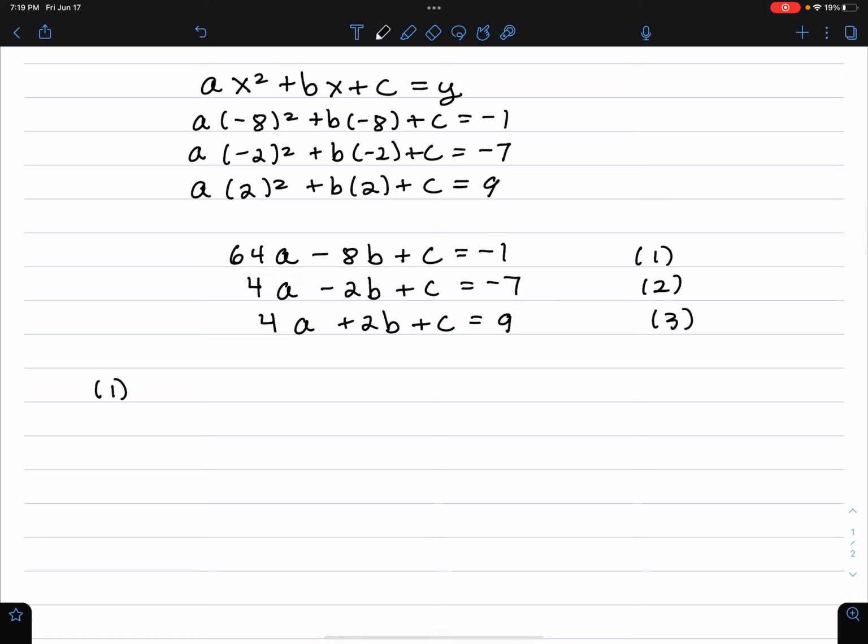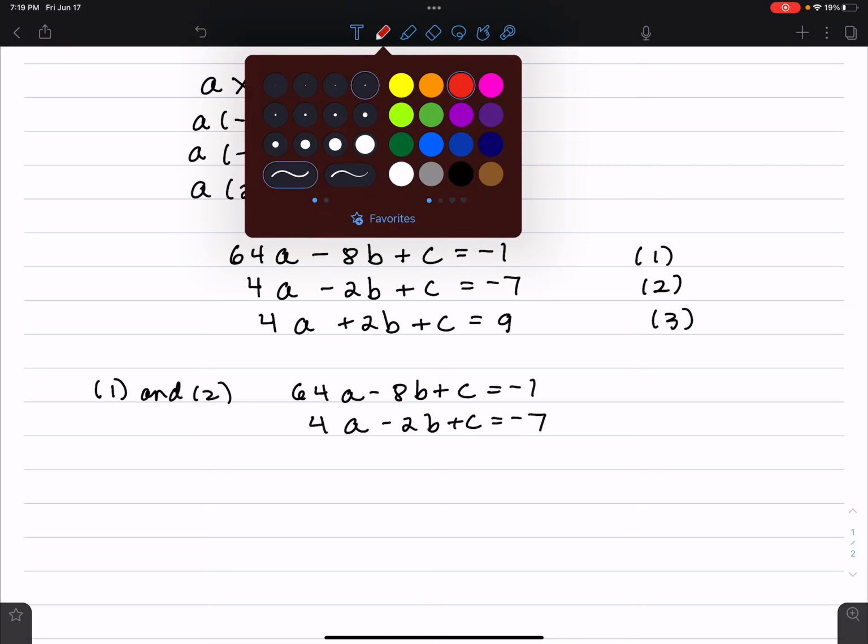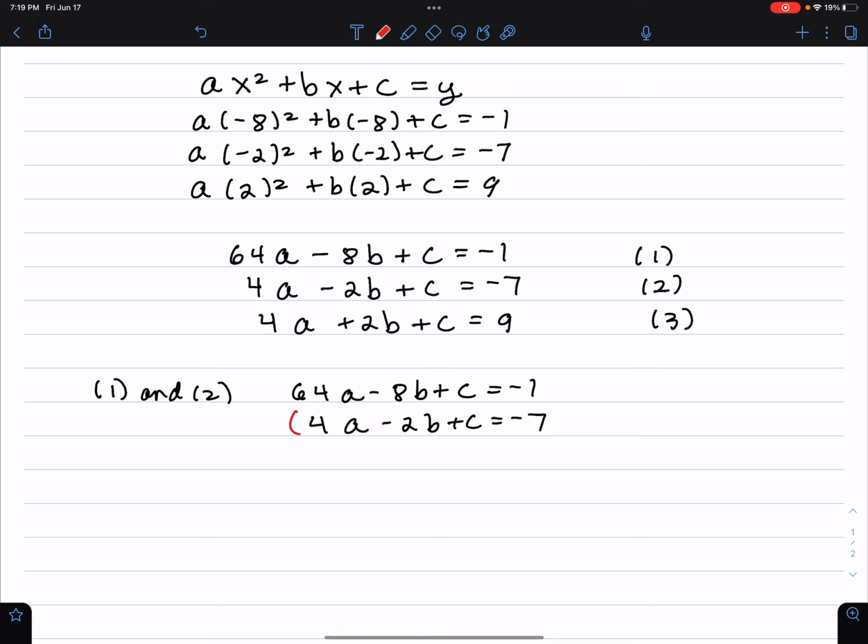I'm going to take equations 1 and 2. You can look around to see which one you think might be best to take out first. But in these problems, I'm going to eliminate the c, because I could subtract one equation from the other. Before, I like to just add.